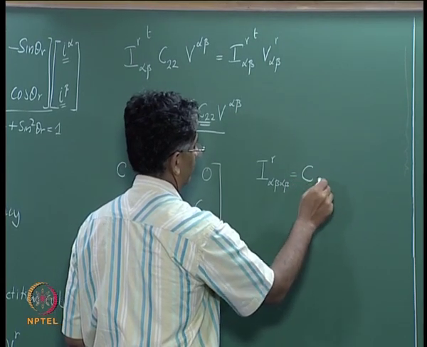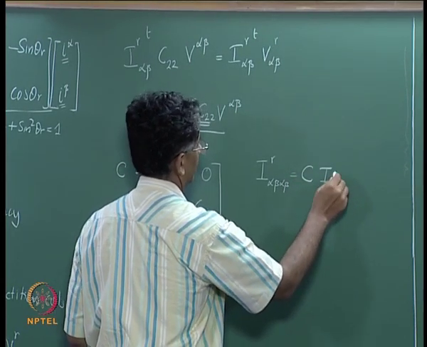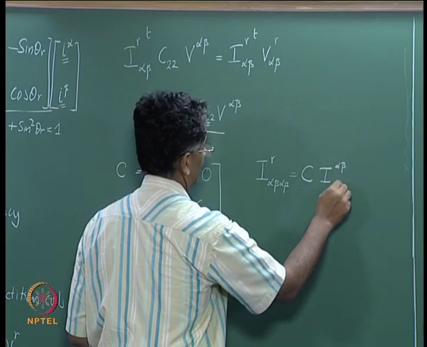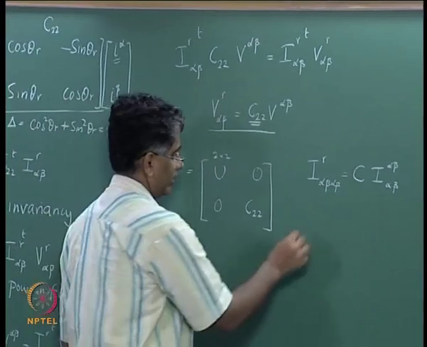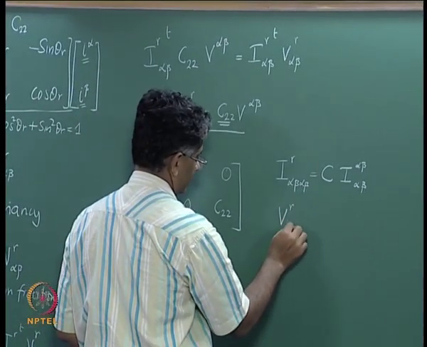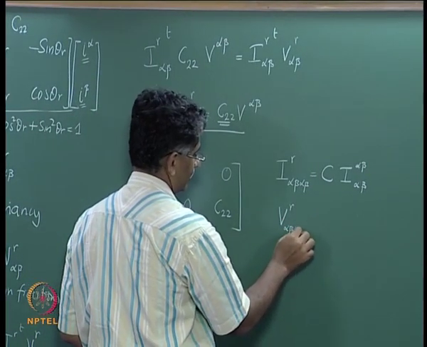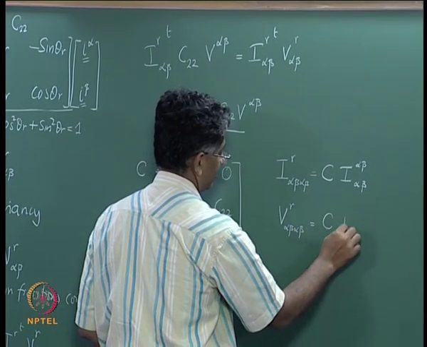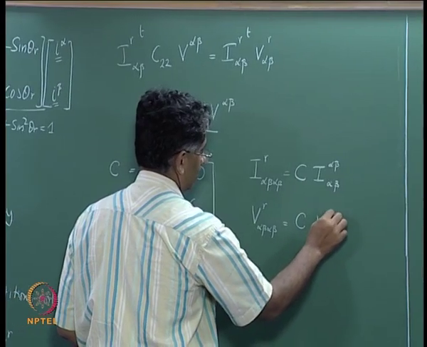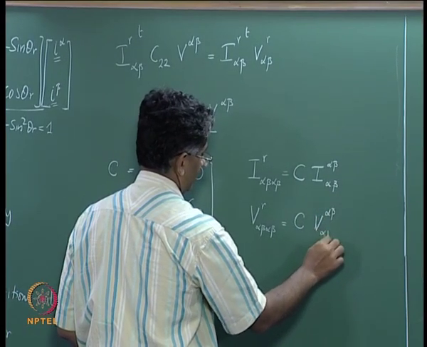This is therefore equal to C times I alpha beta and alpha beta. Similarly, you would have the relationship V R alpha beta of the stator, alpha beta of the rotor is equal to C times V alpha beta and alpha beta.